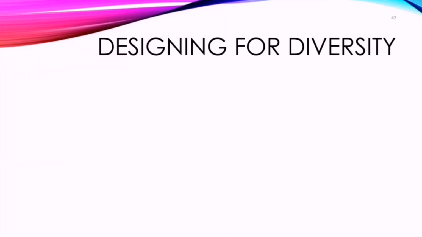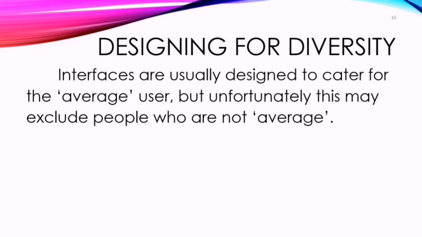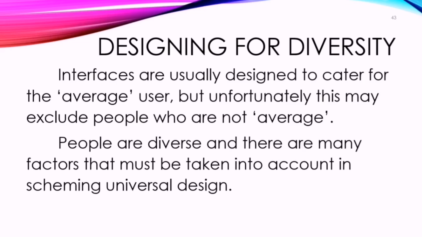Users have needs and capabilities when it comes to designing for diversity. We have to take note that interfaces are usually designed to cater for the average user, but unfortunately, this may exclude people who are not average. People are diverse and there are many factors that must be taken into account in designing universal design.